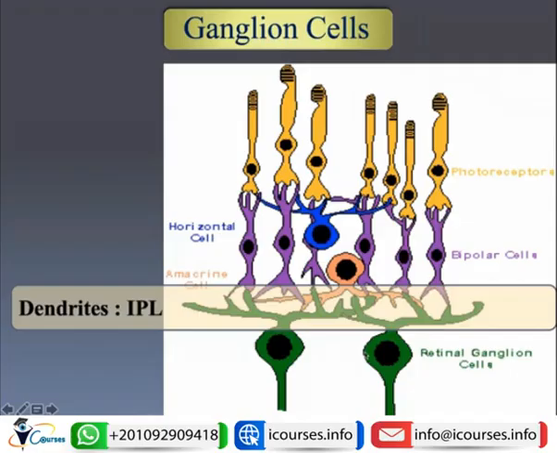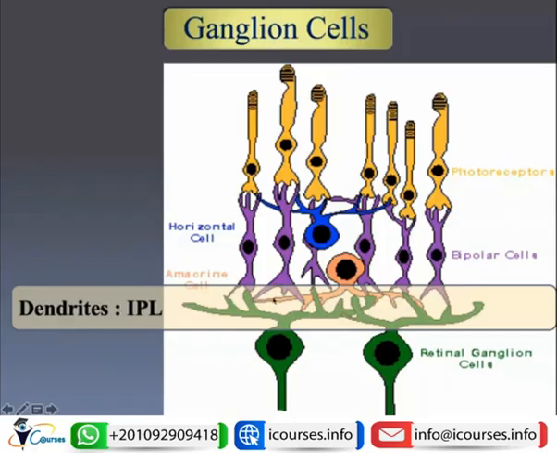The final cells present in the retina are in the ganglion cell layer, and since the ganglion cells are of extreme importance, they form a layer of their own. It's called the ganglion cell layer. The ganglion cell layer contains the ganglion cell nuclei, while their dendrites synapse at the inner plexiform layer with the processes of horizontal cells, amacrine cells, and bipolar cells.